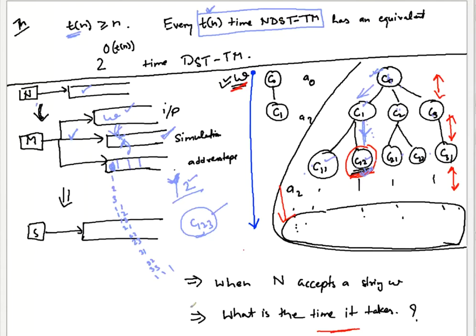The answer is coming from here only. If you understood this point, what is the time it takes? So if T(n) time it takes, what is the depth of the tree? That means the machine runs for at most somewhere order of T(n) steps, right? If it is taking T(n) time. What is the depth of the tree if it is taking order of T(n) steps?